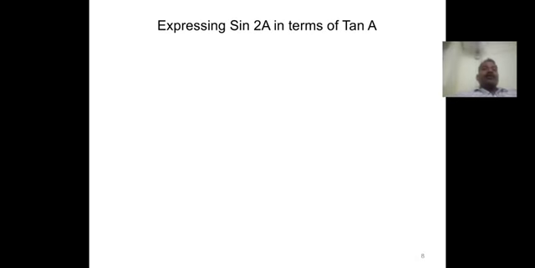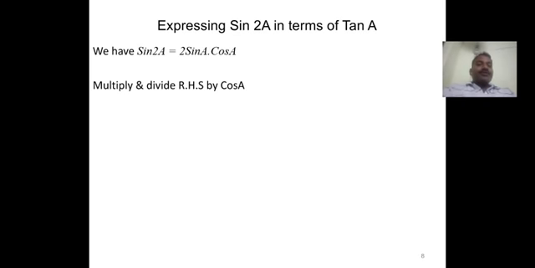Now, expressing sine 2A in terms of tan A. The previous one, sine 2A, is 2 sine A cos A. It can be done by multiplying and dividing with cos A on the right-hand side.